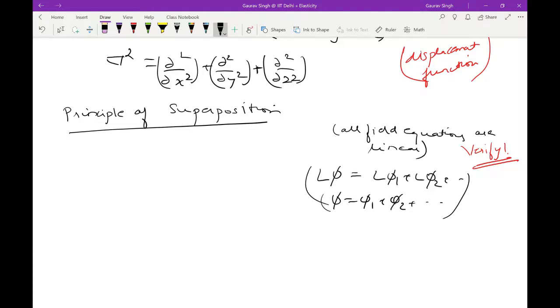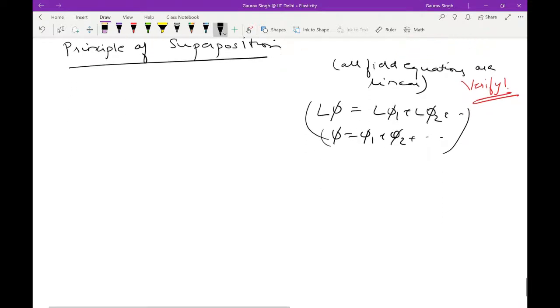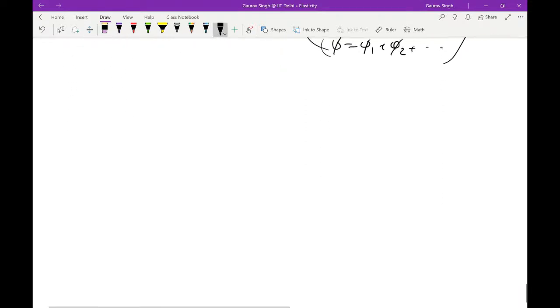Now the principle of superposition is quite simple. It states that for a given problem domain, let me just write it, it's so nice that it wouldn't make any sense if it's not written.